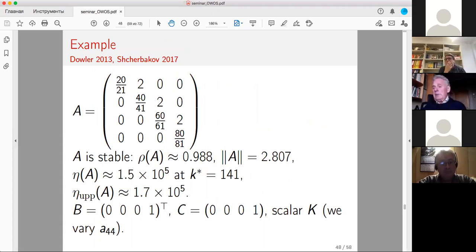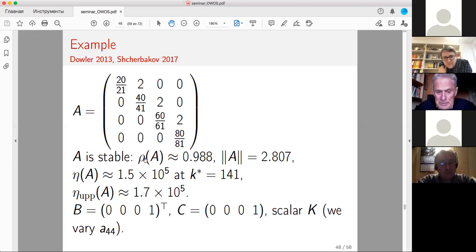I don't have many rigorous results on these methods, but look how it works. It's a funny example. Here is the matrix. It's definitely Schur stable.